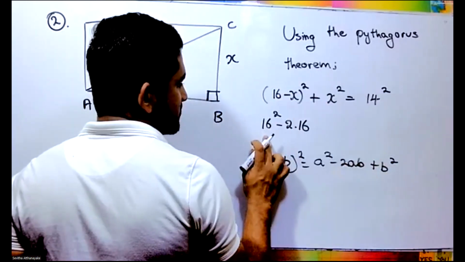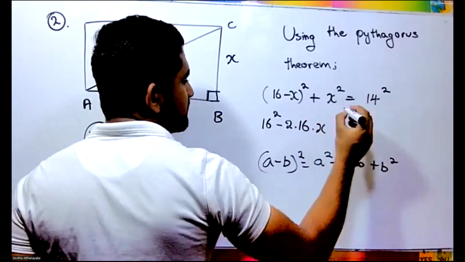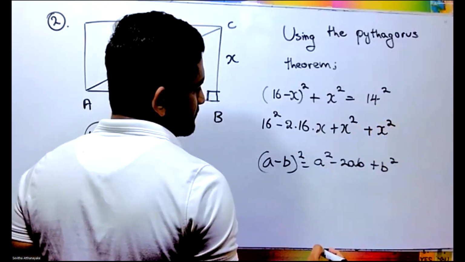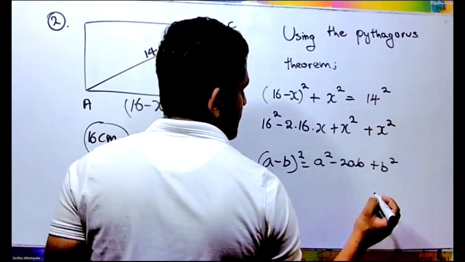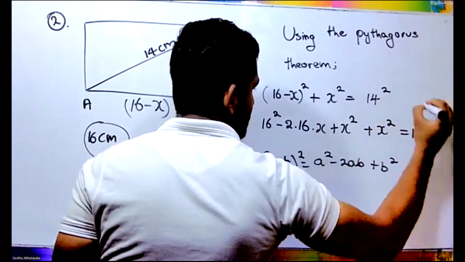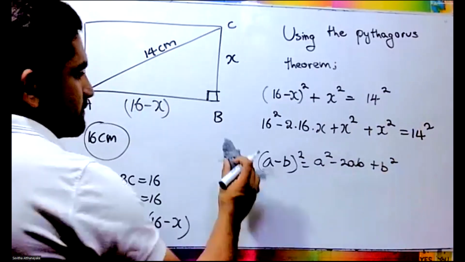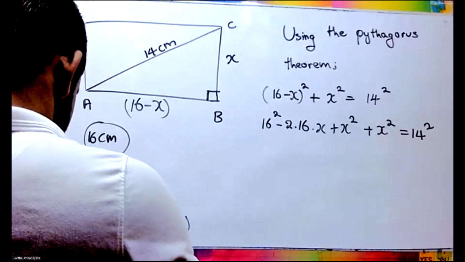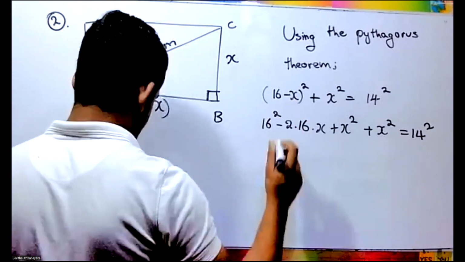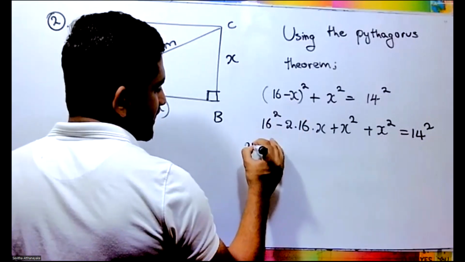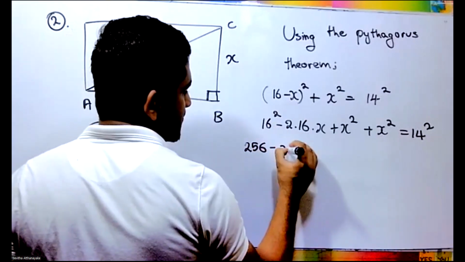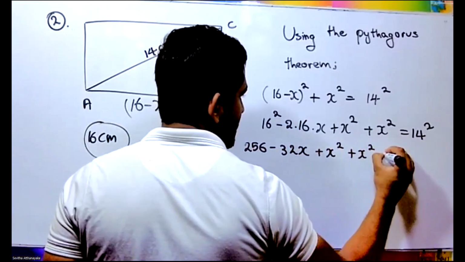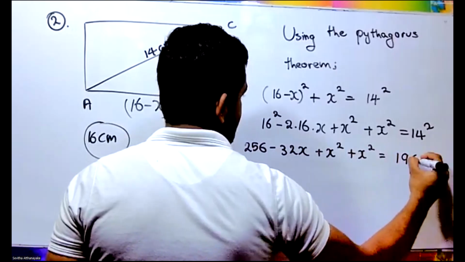So (16 minus x) squared is 16 squared minus 2 times x times 16 plus x squared, plus x squared equals 14 squared. So 16 squared is 256 minus 32x plus x squared plus x squared equals 196.